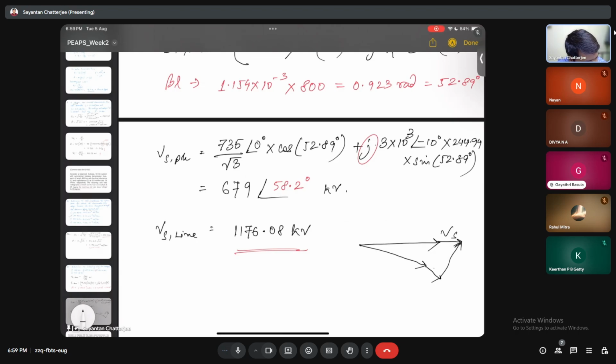So if this is the resistive drop, this is the reactive drop. So in that case the angle for Vs will be higher than the current reference. So in that case, the Vs will always be more. Okay, sir. Yes.